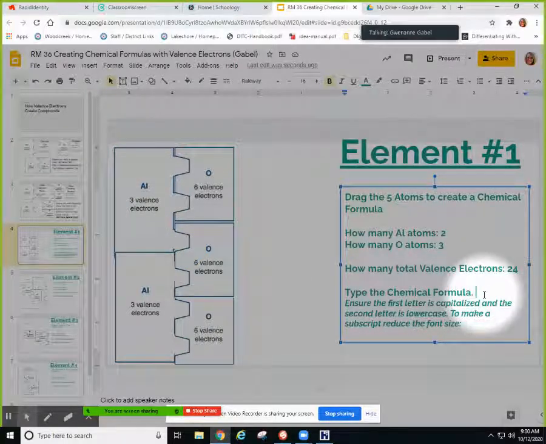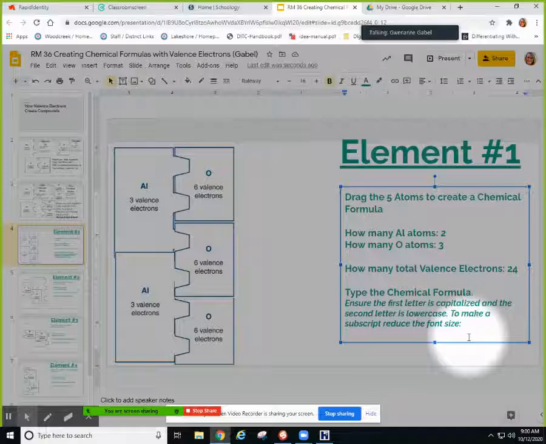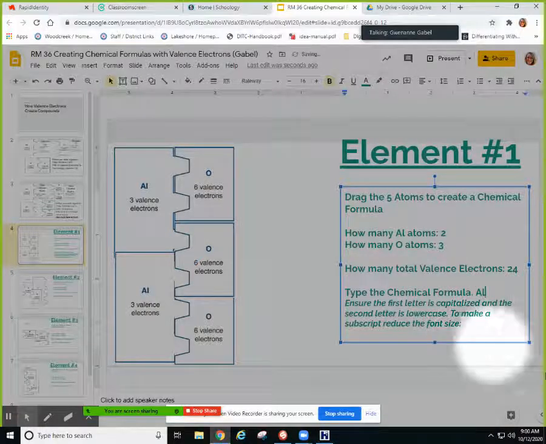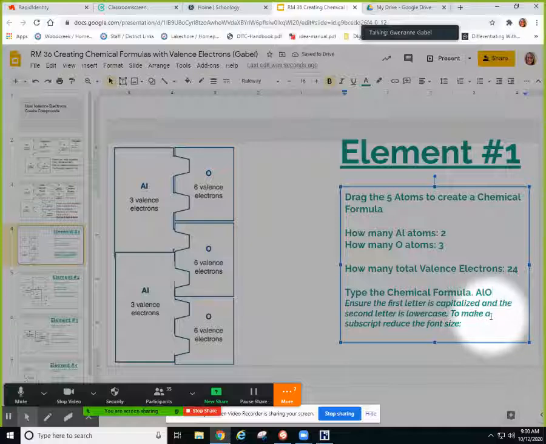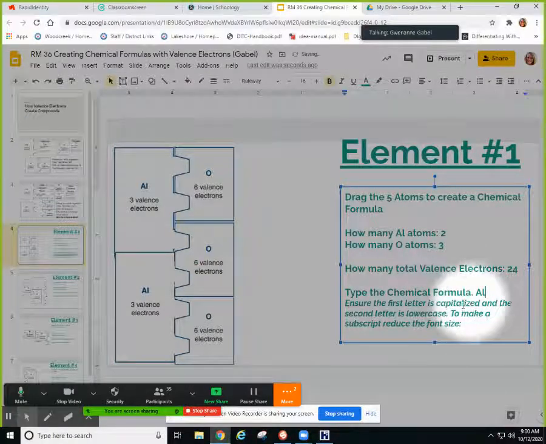Okay? And for our chemical formula, ensure the first letter is capitalized and the second is lowercase. So that's for an element. So for aluminum, it needs to be capital A, lowercase l, just like it looks in the picture. And then oxygen is a capital O. Okay, but we need to make a subscript.